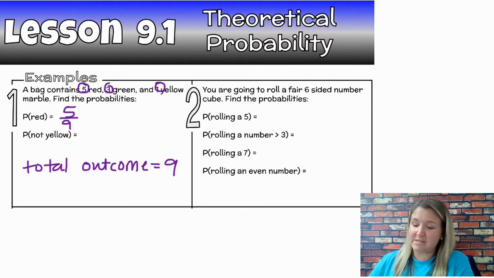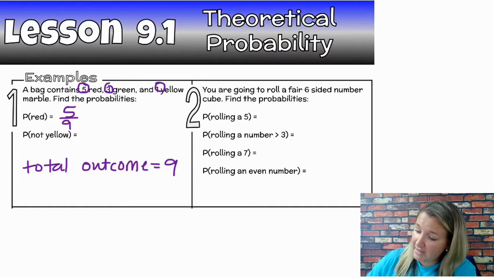So I would say it's fairly likely that you're going to get a red one. It's over half. And then the probability of not yellow. There are two ways I could do this. I could say 1 minus the probability of yellow, which is 1/9.